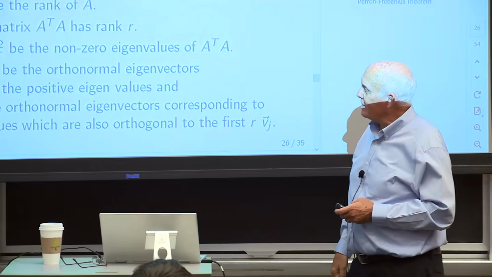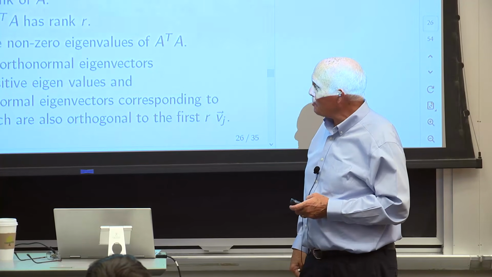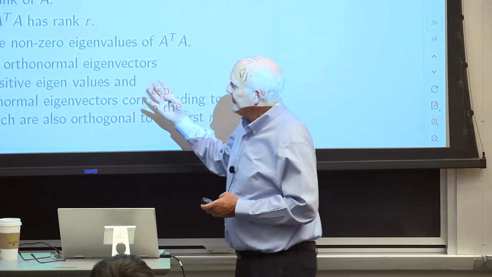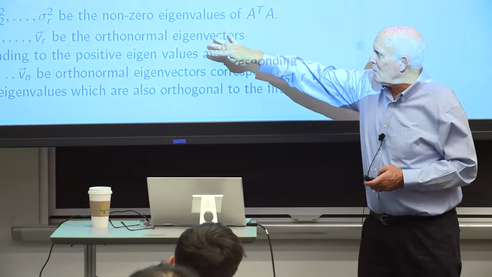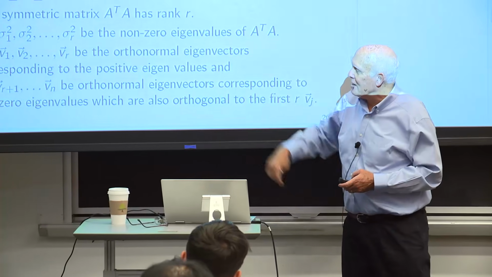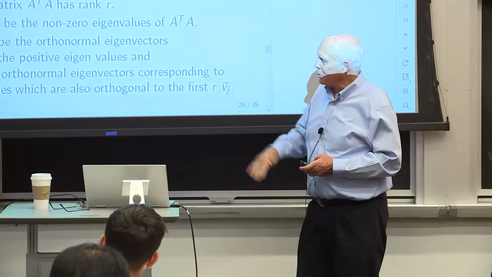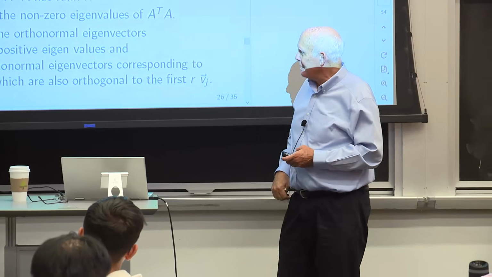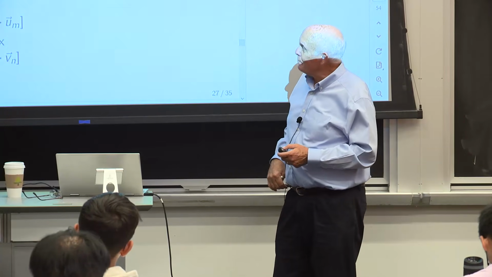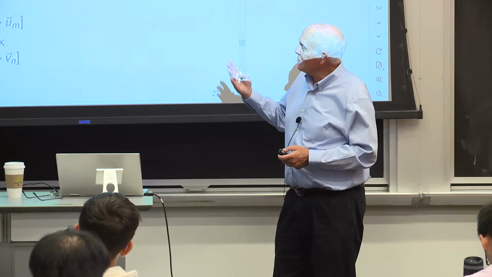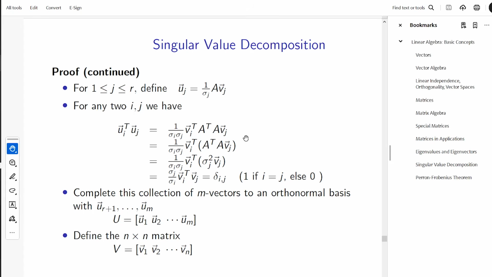We can define the orthonormal eigenvectors corresponding to those. And then we can expand the orthonormal basis of the first R eigenvectors to be an n-dimensional basis, although they essentially aren't used. So that gives us our singular value decomposition.